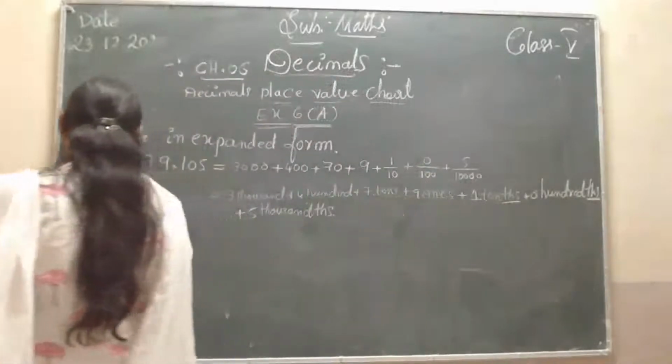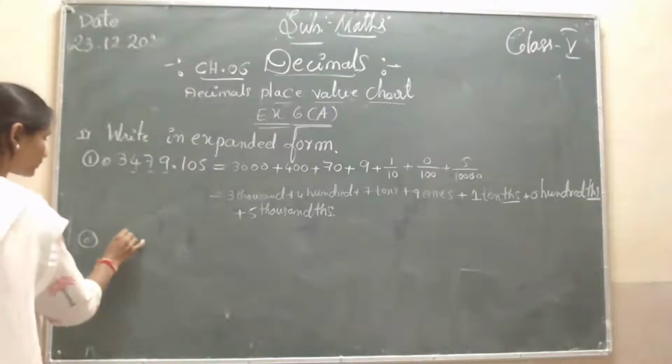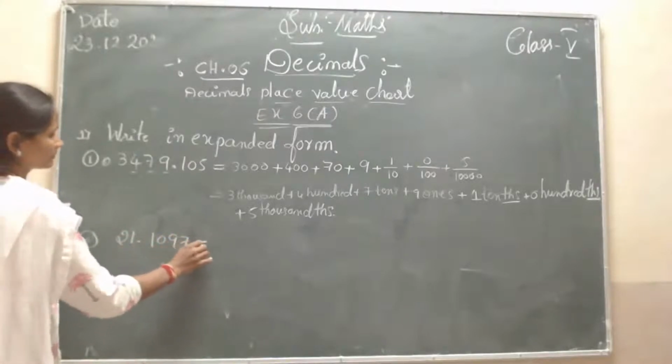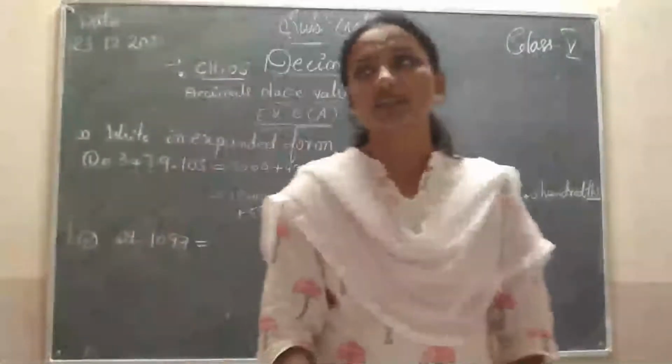So next question, in this is A is the same. Can you see in C? C is 21.1097. Yes, 097. So how to write this question in C?